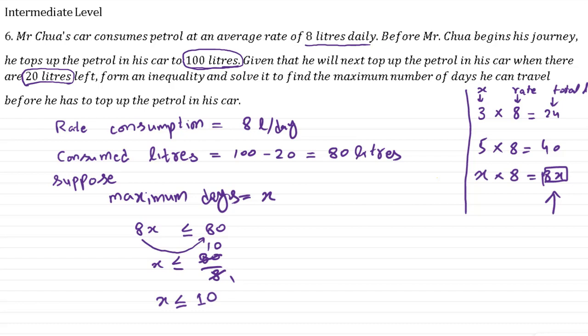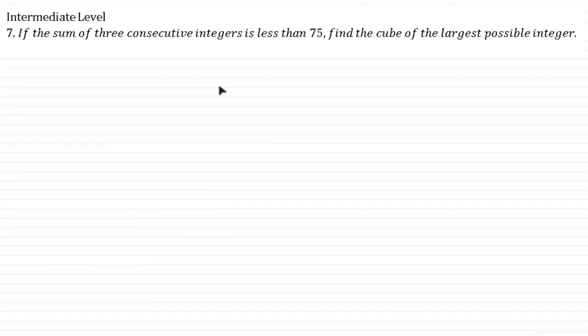It means Mr. Shah will next top up the petrol in his car after 10 days, 9 days, 8 days or 7 days. But the maximum number of days is equal to 10.